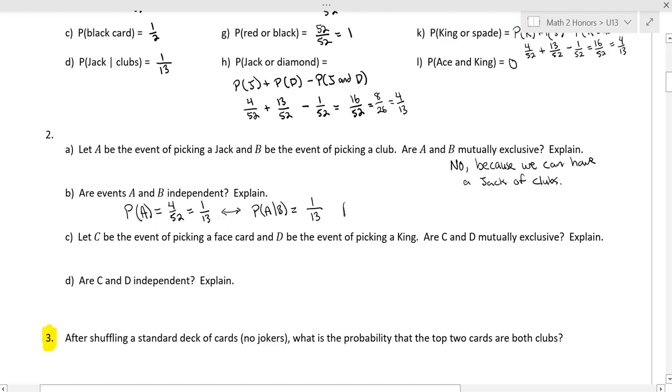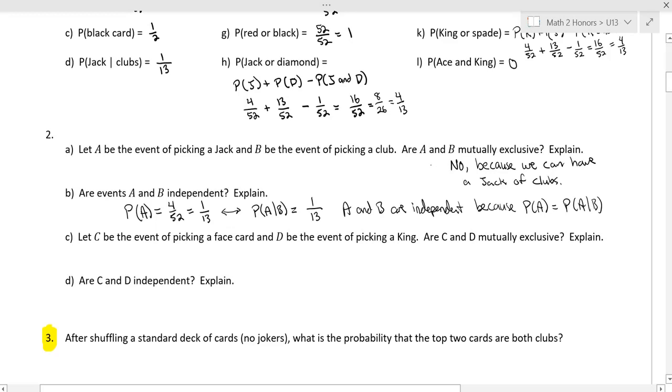So A and B are independent because the probability of A is equal to the probability of A given B. And so this is a check to see if you get independence or not.